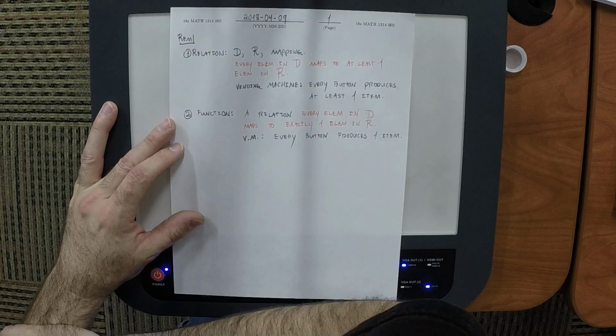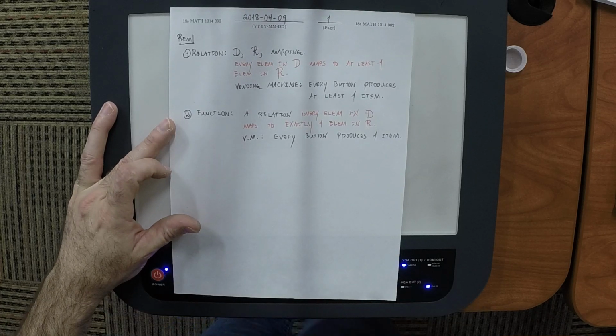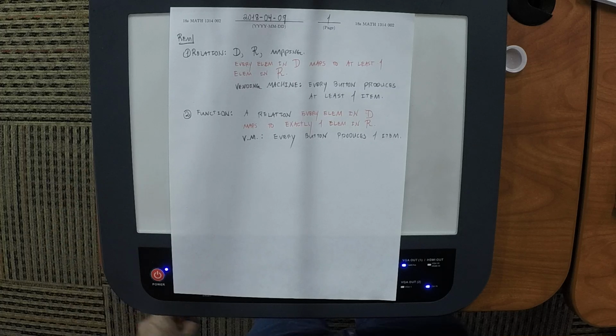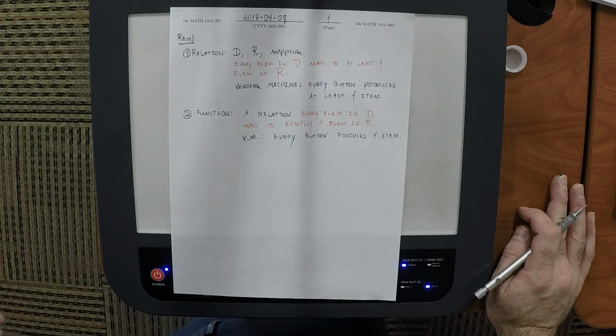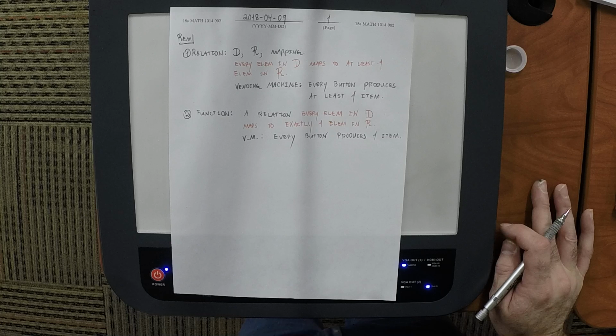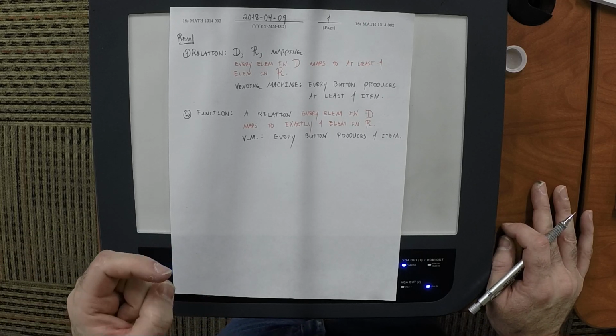This is in contrast to a vending machine that's a relation where every button can conceivably produce multiple items. You might imagine a vending machine made by a concerned mother, right? Every time you press the button for a candy bar, you also get a toothbrush. Such a thing would not be a function; it'd be a relation.